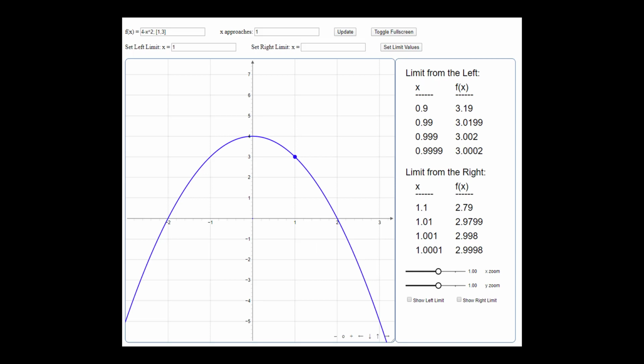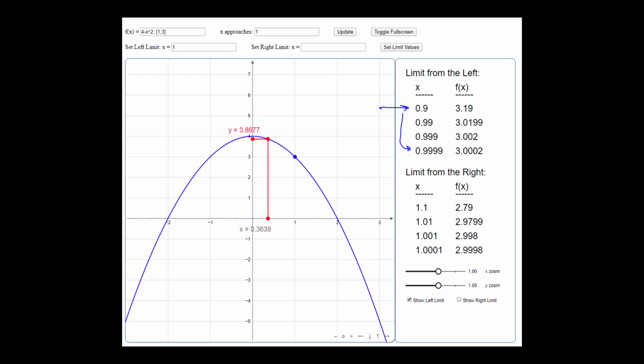So you can see the values as x starts at 0.9, which is on the left-hand side, and approaching 1 as we get to 0.999. We're really close to 1. The function itself is approaching 3. Okay, and we can see that also through the left-hand limit this way.